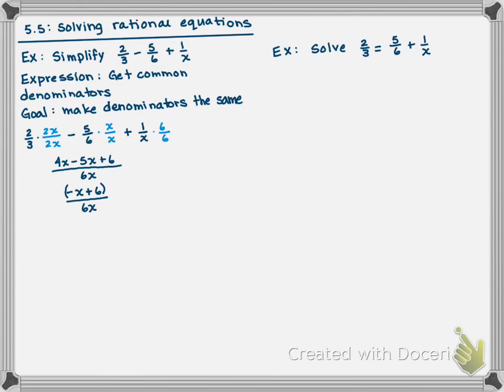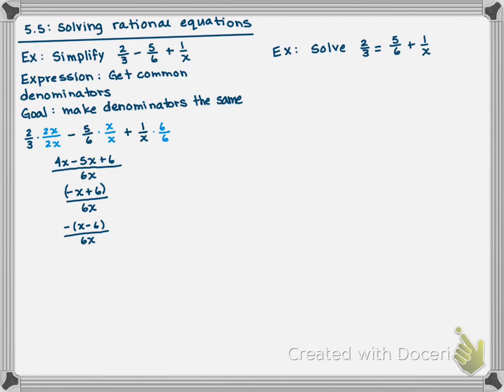You might want to take out the negative 1 and make it negative 1 parentheses x minus 6. You could do this. The only reason I didn't is that it doesn't actually help me simplify at all. Okay, so yeah, it's fine. If you can see that nothing is going to cancel, it's fine to leave it. Taking out the negative 1 and putting it in descending order is basically part of factoring.